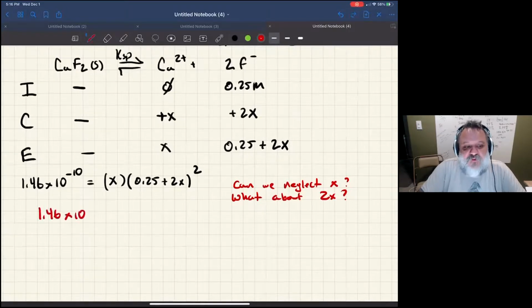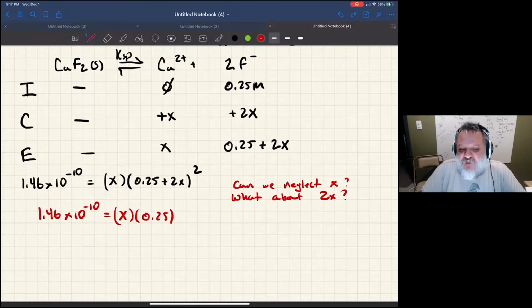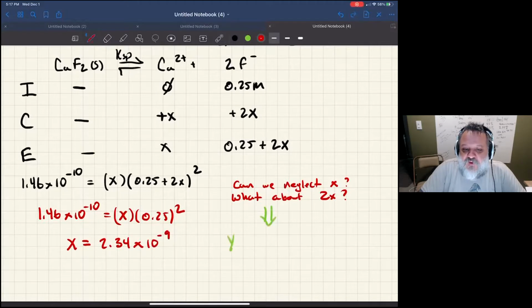And so let's assume it is for the moment, and let's see what happens. So 0.25 plus 2x is essentially 0.25, so I still square it then. And so what I end up with is that x equals 2.34 times 10 to the negative 9th. So was it small enough? Yeah, absolutely.